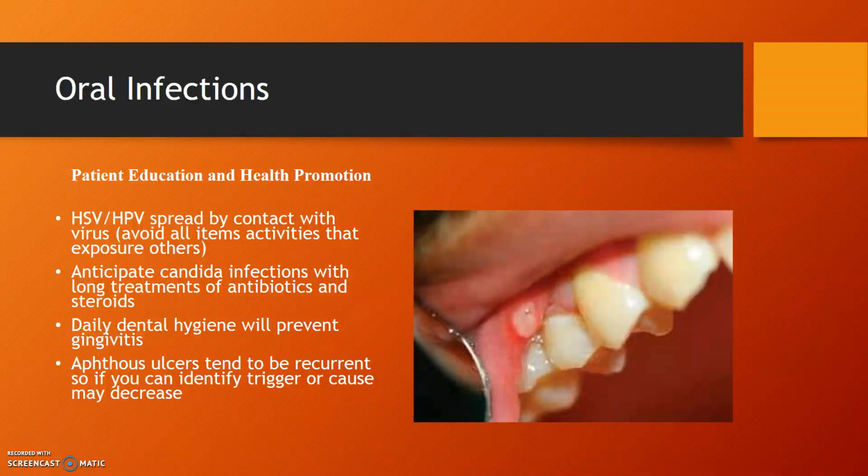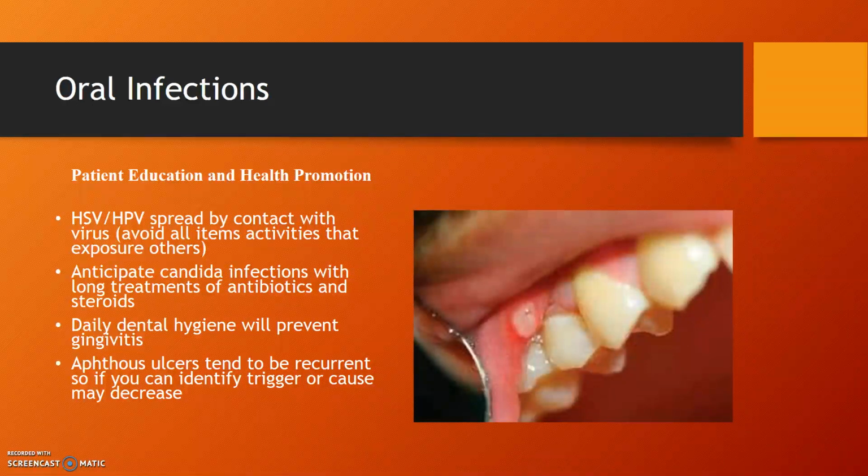Anticipating candida infections is a good patient education technique, because anyone on long-term antibiotics or steroids is at risk, including those using inhalers, so teach correct inhaler use and oral hygiene to get the inhaled steroid out of the oral cavity.